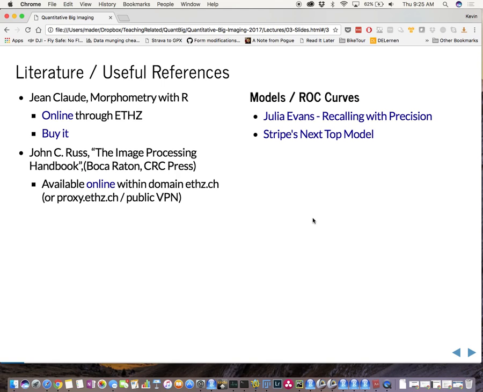So again, the literature and useful references. The books are more or less the same as we had before. These two things are new. Both of these are quite good presentations that you can look through about models and ROC curves, which is something we'll go into a little bit later.